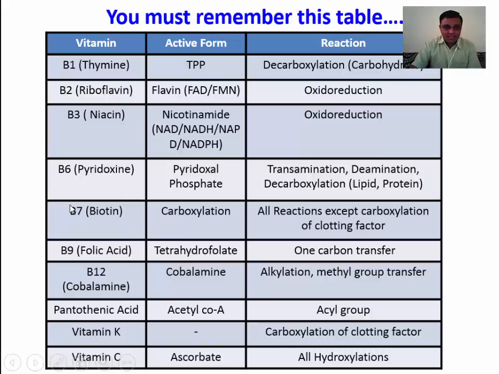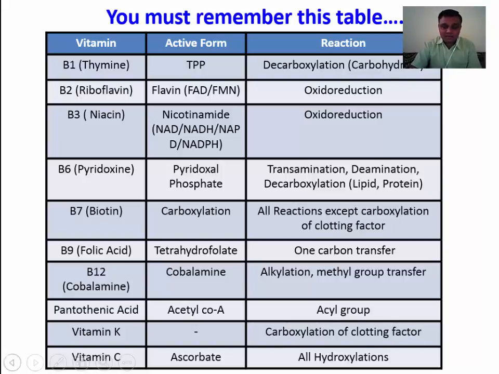Biotin, otherwise known as B7, is used for all the carboxylation reactions in the body, meaning wherever CO2 is used, carbon is added, biotin is required. Only one carboxylation reaction is done by vitamin K, that is carboxylation of glutamate residues of clotting factors.